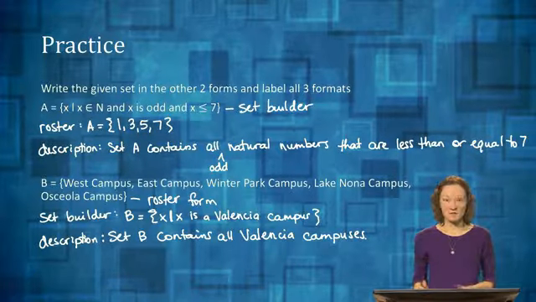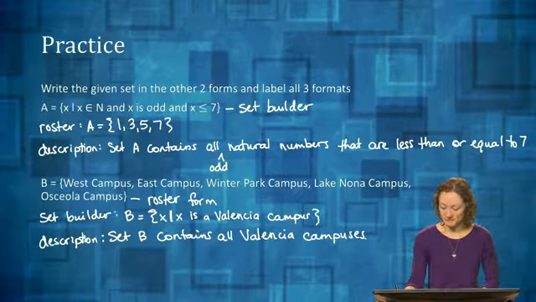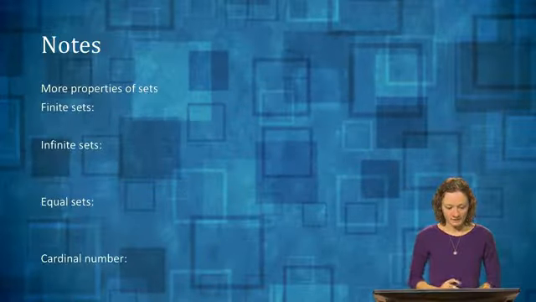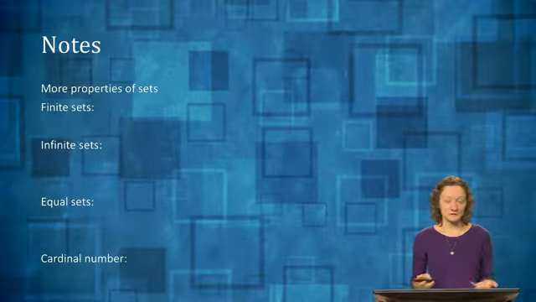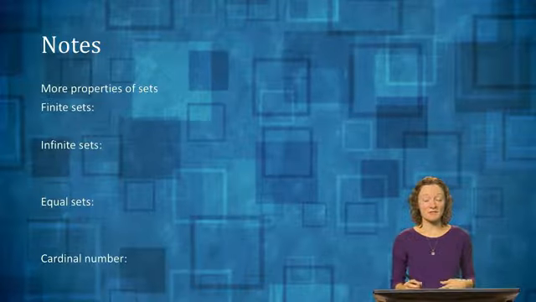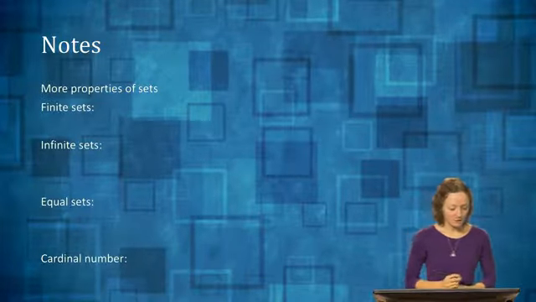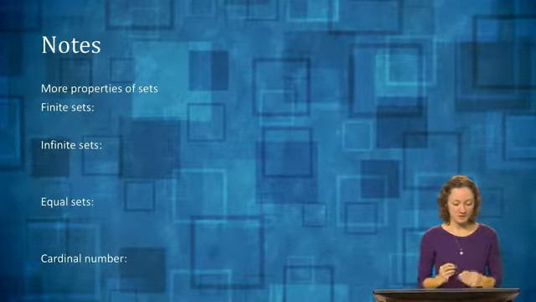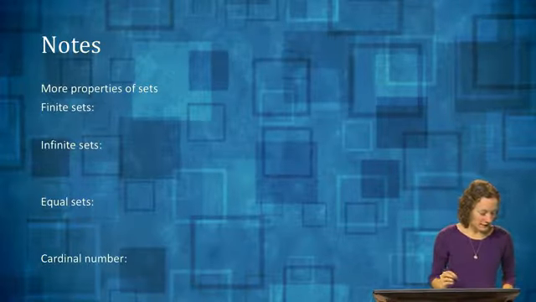Okay. All right, so that takes a look at the three methods of indicating sets. Let's go on to that other objective where we learned some more properties of sets. Like I said, this first section is a little bit definition heavy, but this is where we lay the framework. All right, so some definitions. The first one we have is for a finite set.